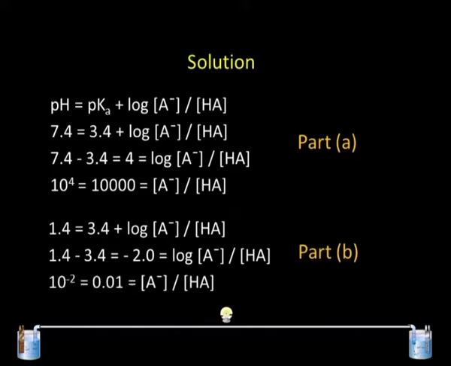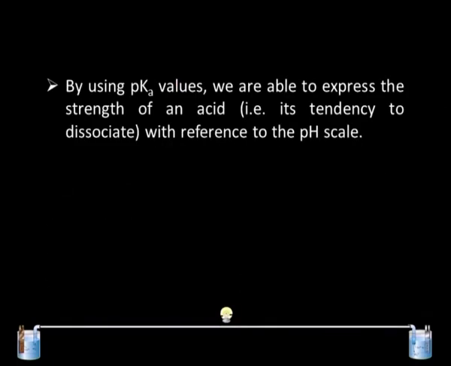This gives 10 raised to the power minus 2, that is 0.01, as the ratio for A minus divided by HA. By using pKa values, we are able to express the strength of an acid, that is its tendency to dissociate with reference to the pH scale.